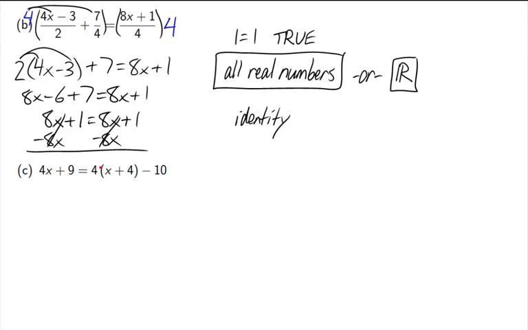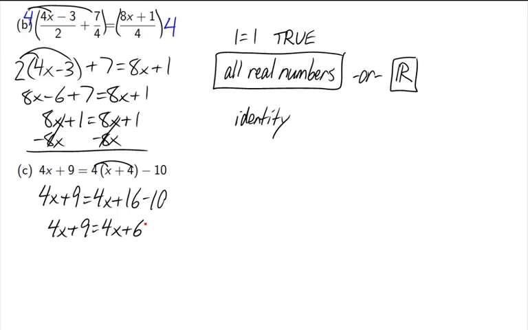For the next one, let's start out by distributing the 4. I get 4x plus 9 equals 4x plus 16 minus 10. Combine like terms and I get 4x plus 9 equals 4x plus 6. This one is again looking a little bit strange.